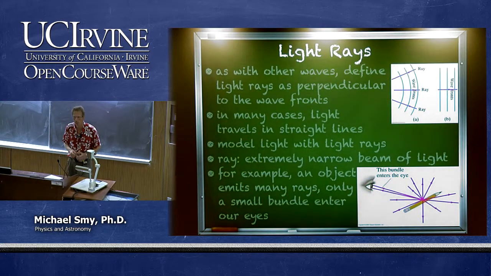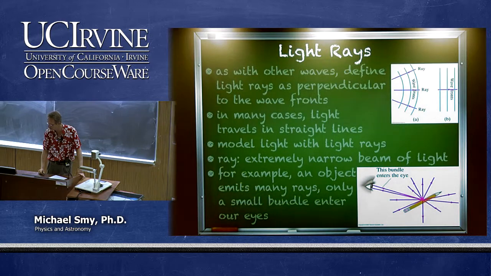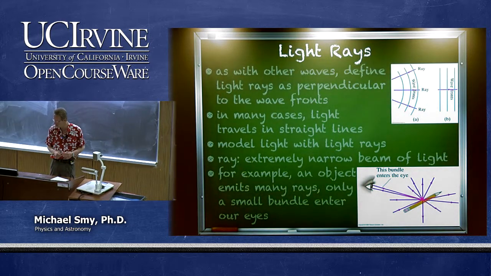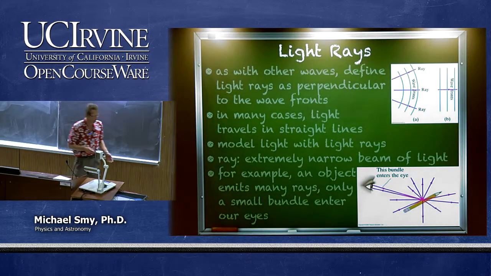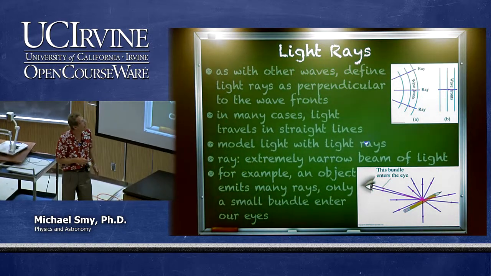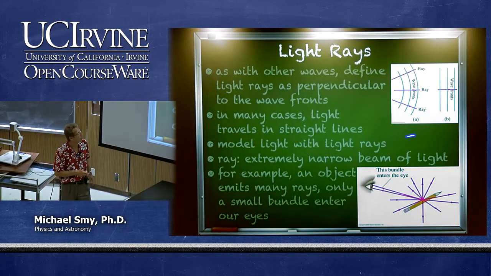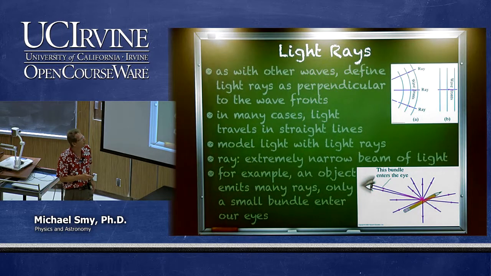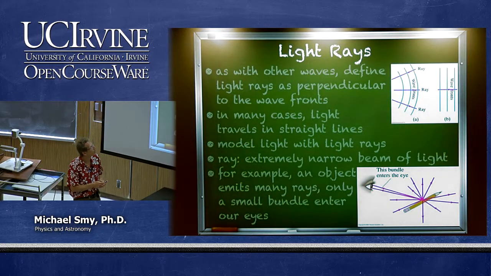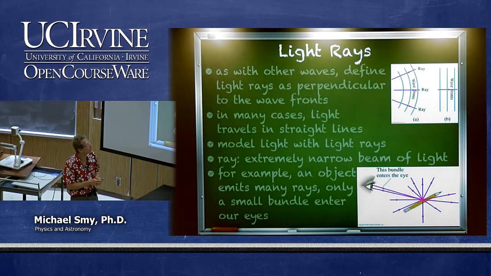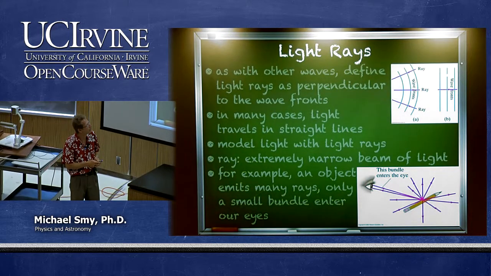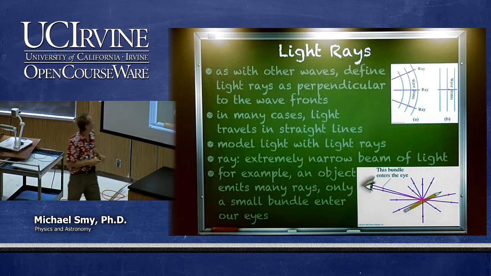So in spite of the previous chapter, for the time being, we are going to ignore the wave nature of the light, and we simply define rays like we did for other waves, meaning that rays are perpendicular to the wavefronts. So this is for a circular wave, and this one is for a plane wave.